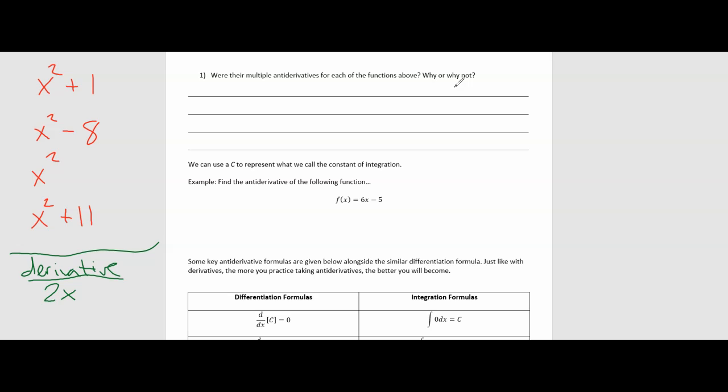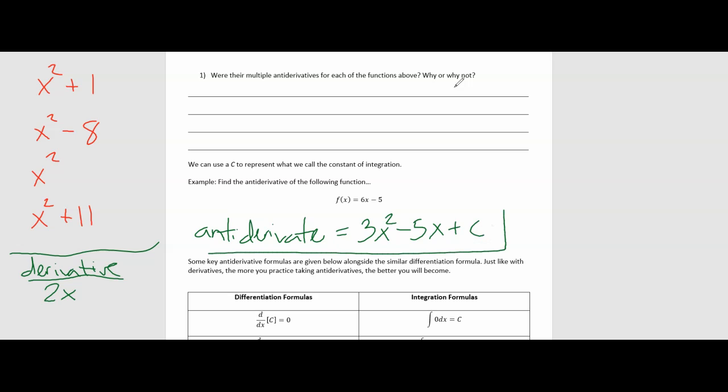So if I find the antiderivative of f of x, the antiderivative would be equal to 3x squared minus 5x plus c. And you could think if you took the derivative of what I have in green, it doesn't matter what that c value is, you would still get 6x minus 5, regardless of what number I chose for c.